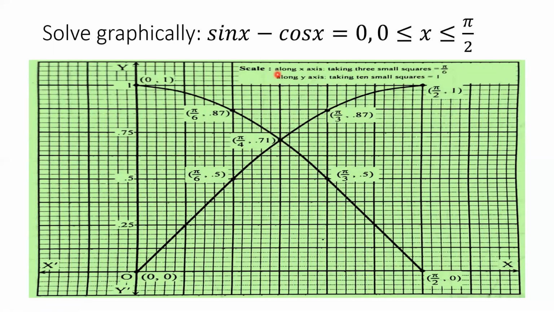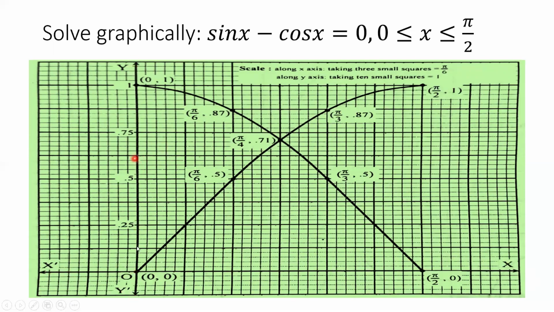Here the scale along the x-axis is 3 small squares equal to pi by 6, and along the y-axis 10 small squares equal to 1. Very important: when you use graph paper, you must denote the arrow sign, and also x or x dash, and identify y or y dash.